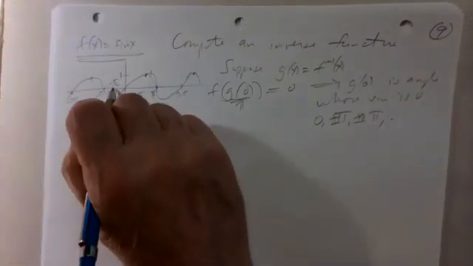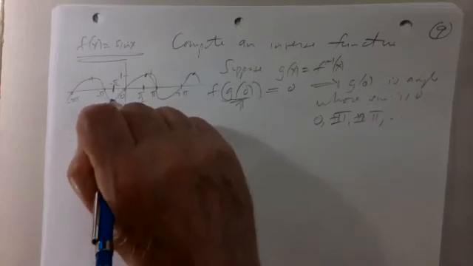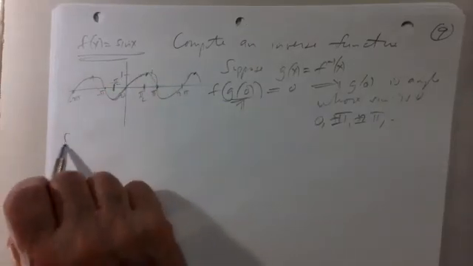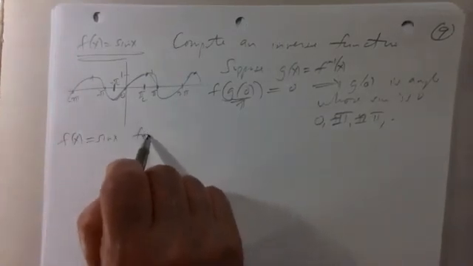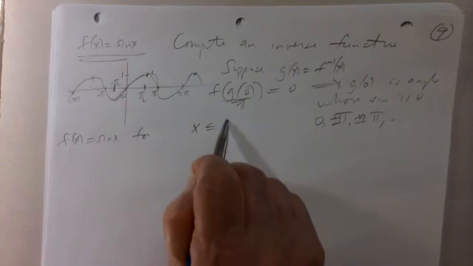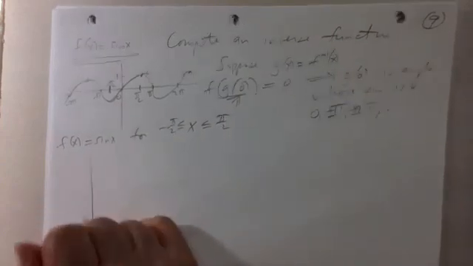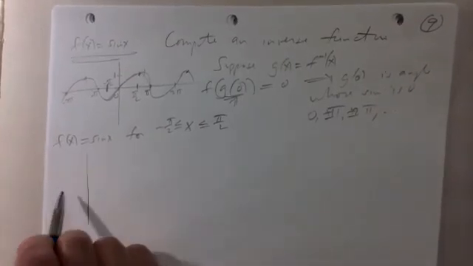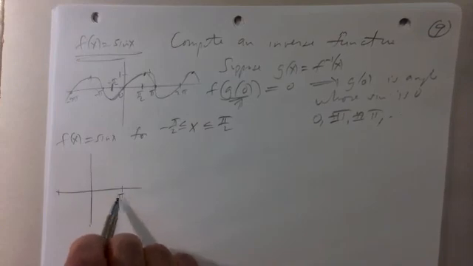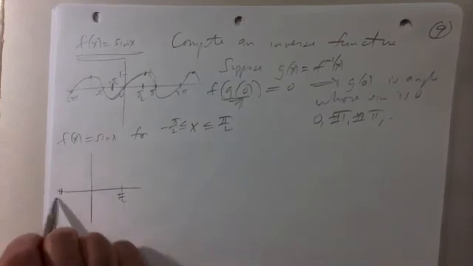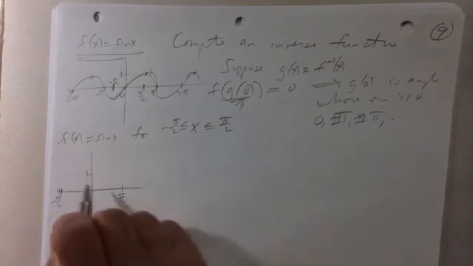But if you just look at the sine between minus pi over 2 and plus pi over 2. So here is f of x equals sine x for x between minus pi over 2 and pi over 2. So here's pi over 2. Here's minus pi over 2, 1, minus 1.